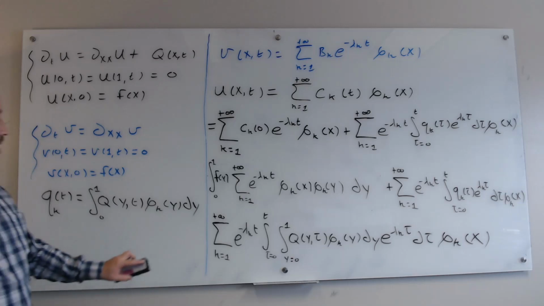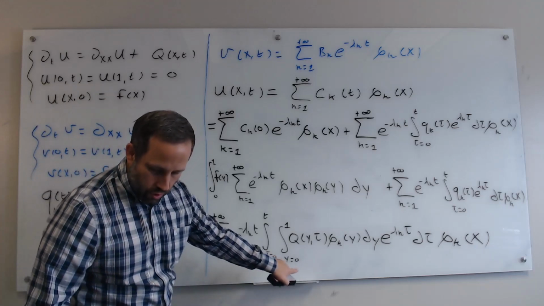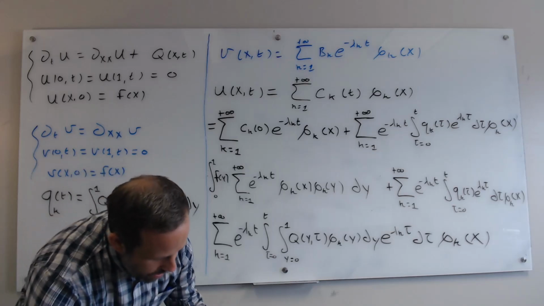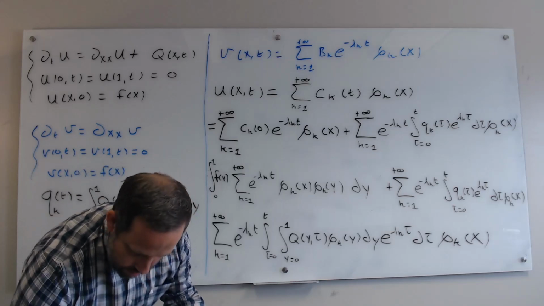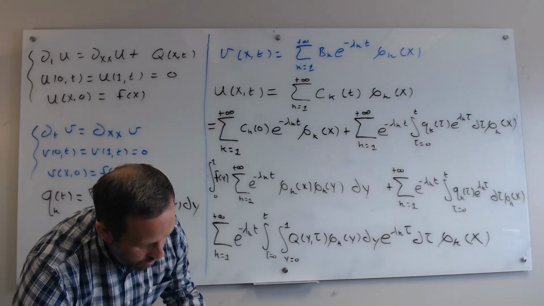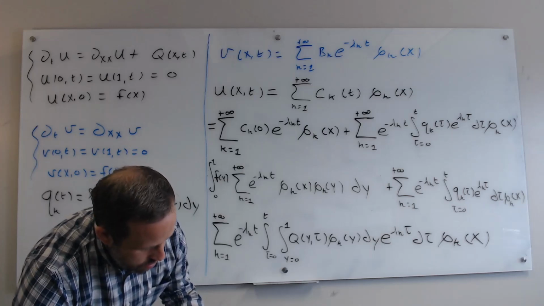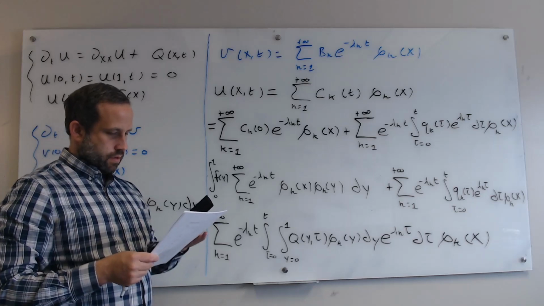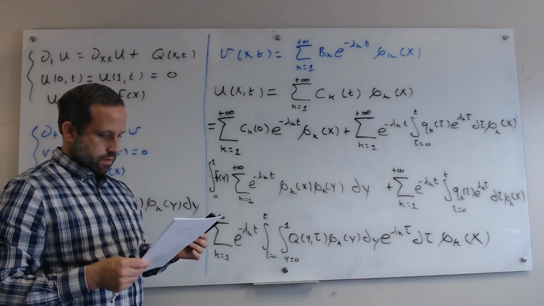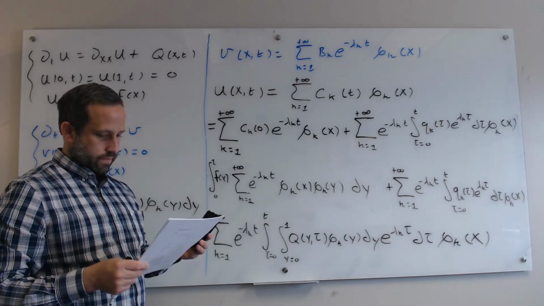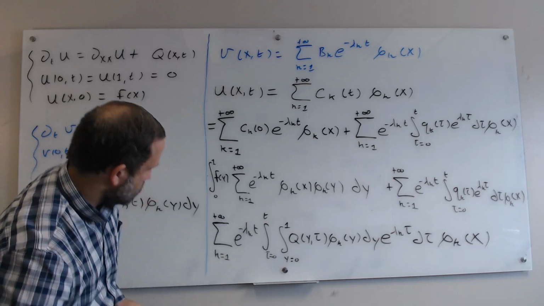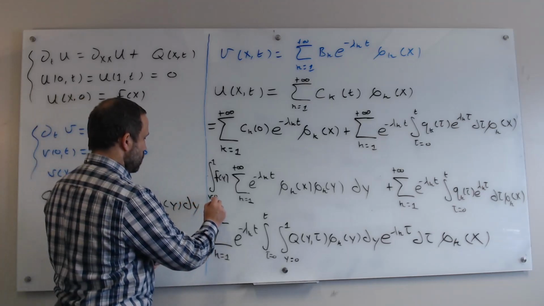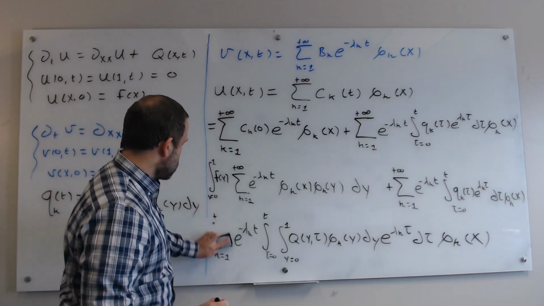Okay, the first thing that I'm going to do is interchange the order of the differentiation and the integration. I just want to make sure that I get this right. So the y integral is going to be the one on the outside.